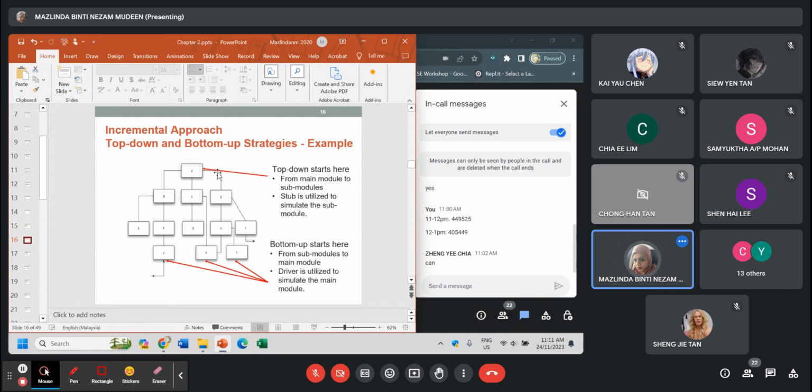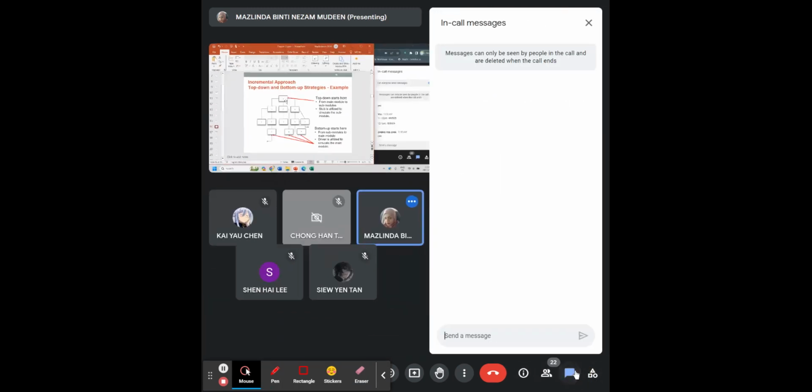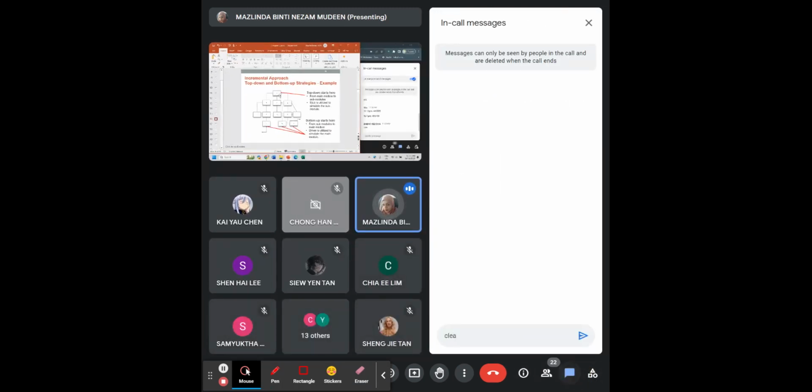That is top to down. The second strategy, bottom up, means we start from the lowest level modules, or what we call terminal modules, and then we move higher. Are these strategies clear, how top down and bottom up work? Clear, everyone? Please do let me know if there is anything you are not clear with.